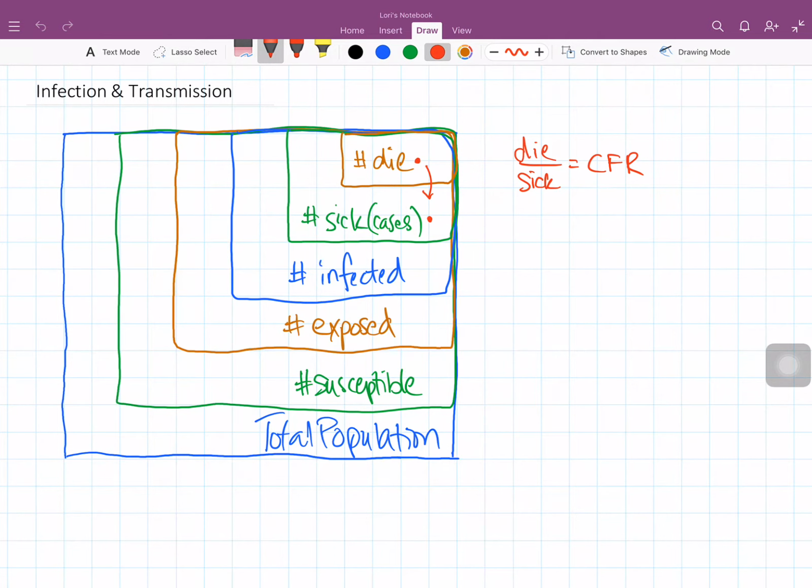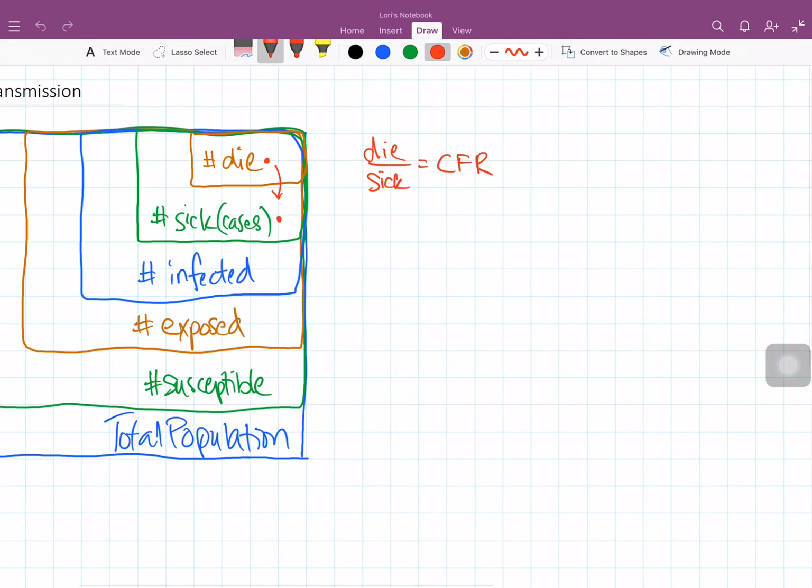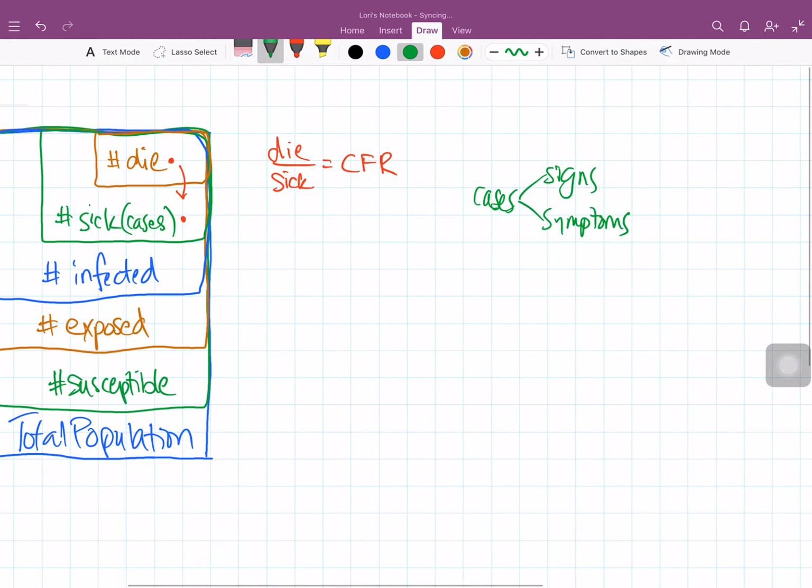So I said I wanted to talk about signs and symptoms. So let me go ahead over here, and for the whole idea of cases is that they have signs and symptoms. And I want you to be familiar with these two terms. I think a lot of times people get them confused. I'm going to draw something here, and you'll recognize it right away.